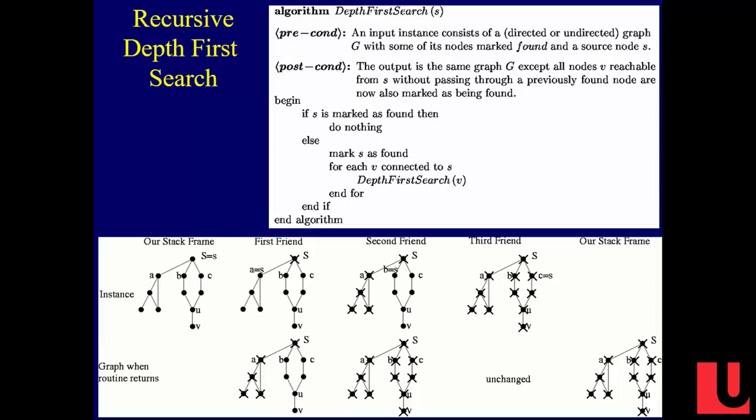Those are our breadcrumbs. Our little X's are breadcrumbs. The postcondition is to start from our source node and reach everybody that you can reach without touching a breadcrumb. So you're not allowed to cross breadcrumbs, and you need to reach everybody.